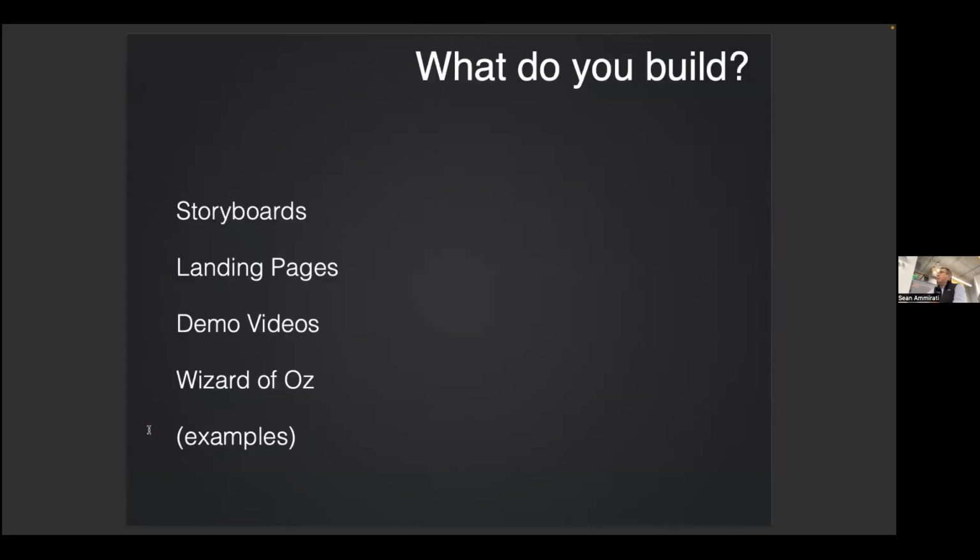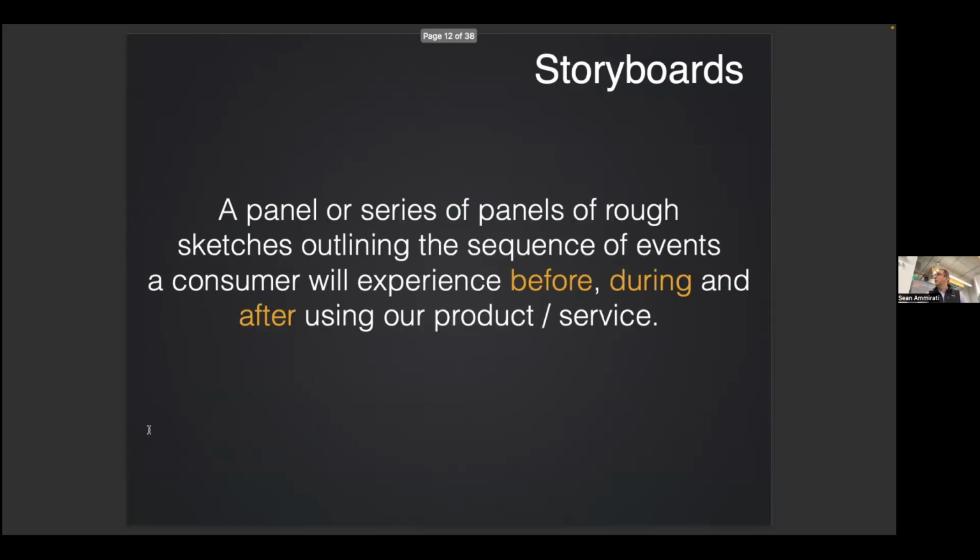Okay, so coming back now to this first of two questions with that as background. If we're going to talk about what do we want to build and then how do we want to build it, we want to go through a few examples here. So the first of these is a storyboard.